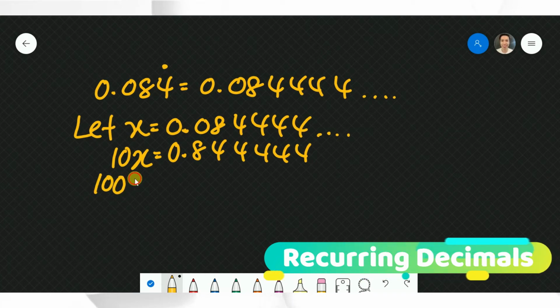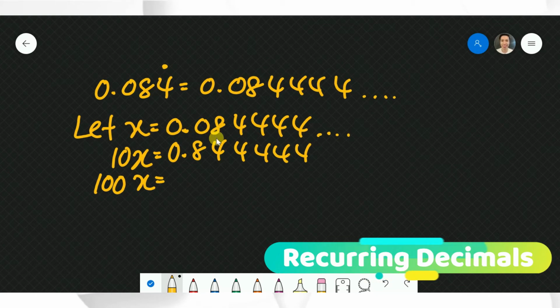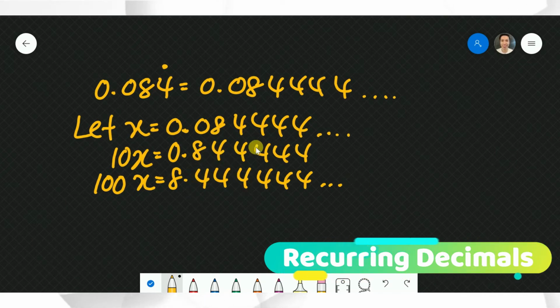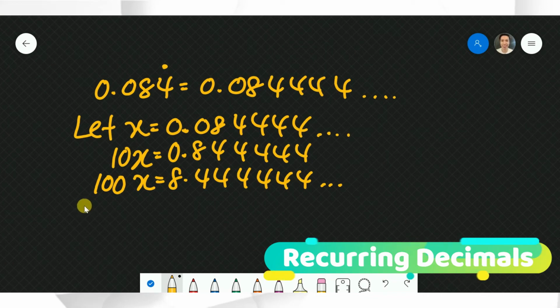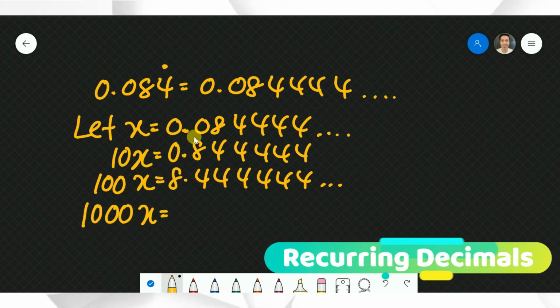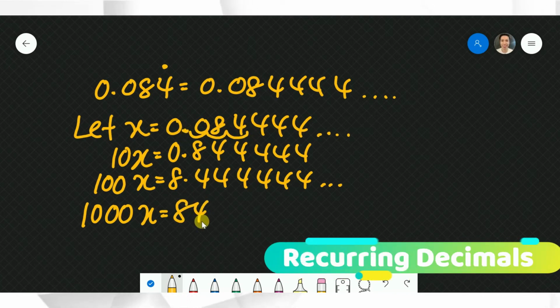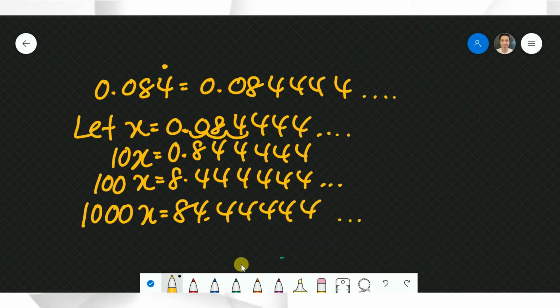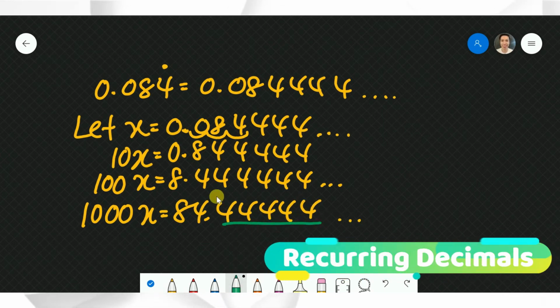100x is what? So for 100x, we need to move the decimal 2 to the right-hand side, so it becomes 8.444444. Okay, and these three equations we still cannot get the same at the back here, so we need to keep on moving. What about 1000x? So for 1000x, you need to move the decimal 3 to the right, so it becomes 84.44444, right? So from here, we can see that this one and this one at the back are the same, right?